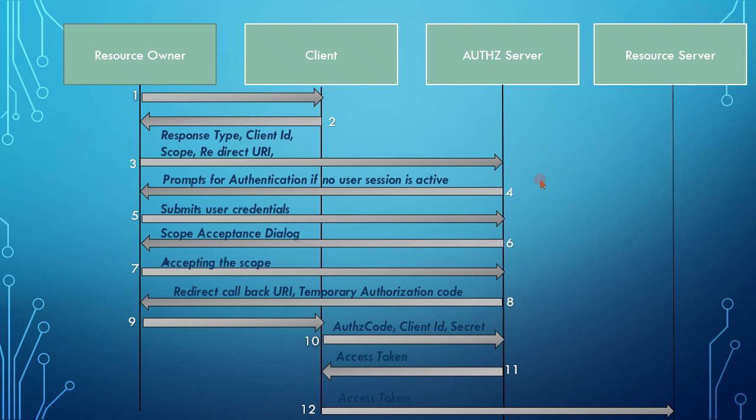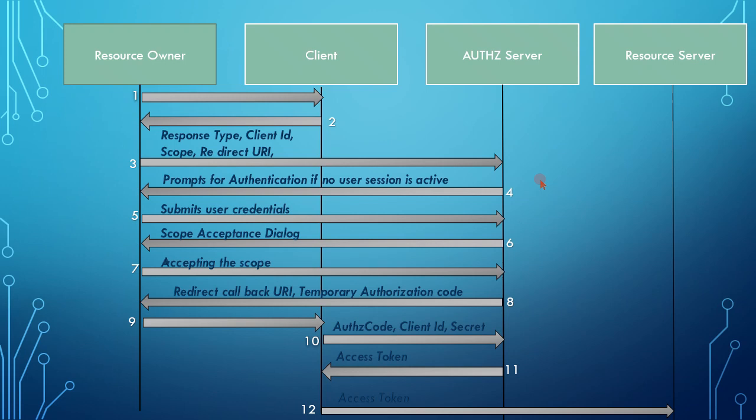So that is step number 1. Step number 2, the client will send a redirect request, that is an HTTP status code of 302, wherein the client sends the URL to be redirected to in the response header.